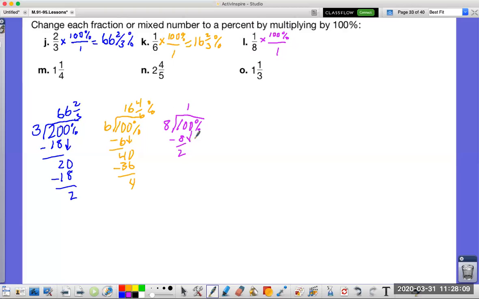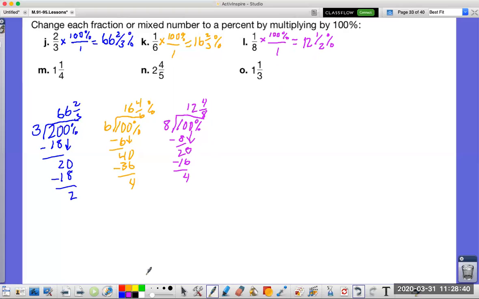Subtract that, that'd be 2. Oops, let me redo that. 20, and then 20 divided by 8 would be 2. And you get 16. Subtract that, you get 4. 4 is the numerator, 8 is the denominator. What's that equal? That's 1/2, right? You reduce that. So this makes 12 1/2%.